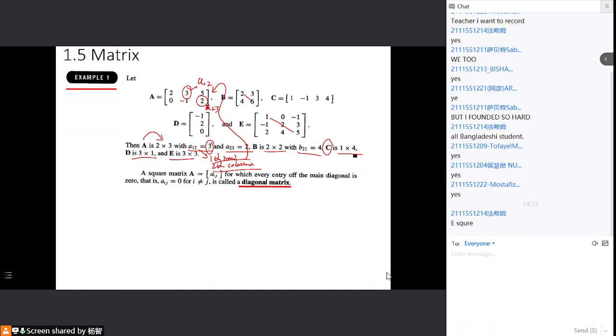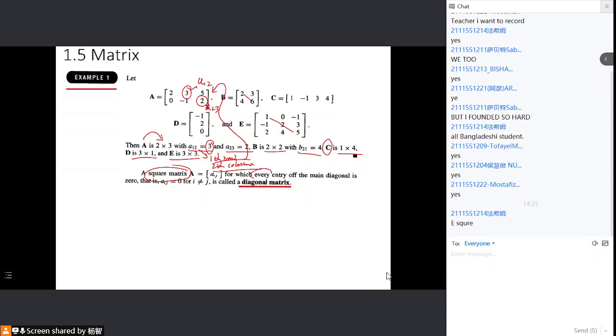And the shape of E is 3 by 3, a square matrix.